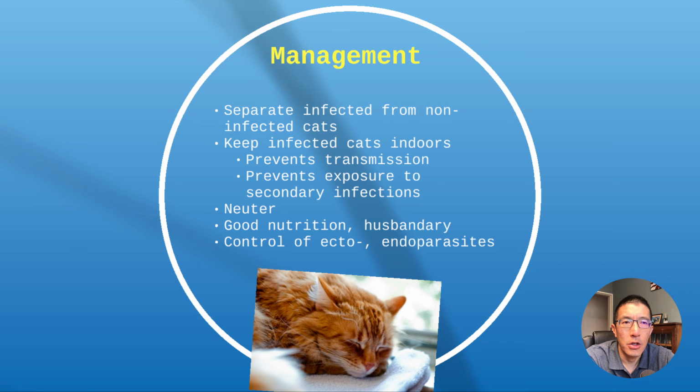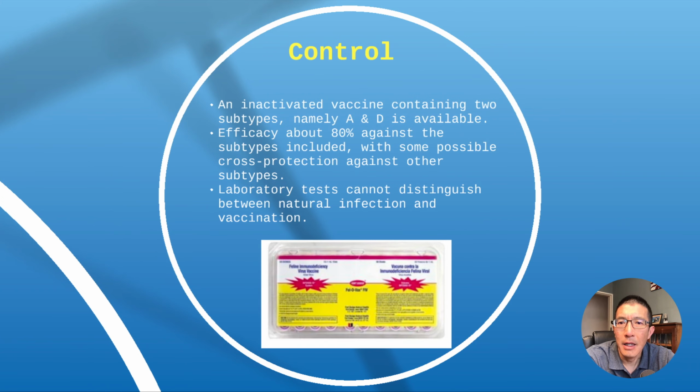There is no need to euthanize an FIV positive cat, as many positive cats can lead long, healthy lives with the proper care and treatment. An inactivated vaccine is available overseas, but this is not available in South Africa. Please remember that vaccination can interfere with the interpretation of diagnostic tests.